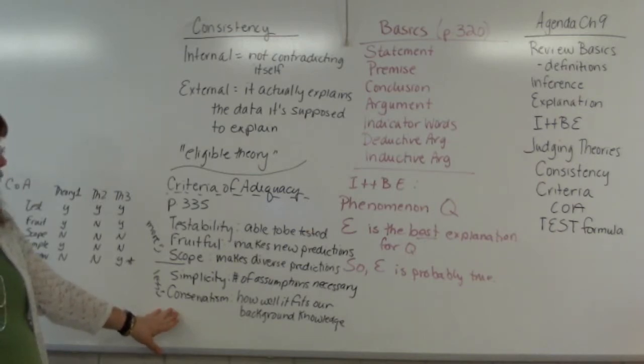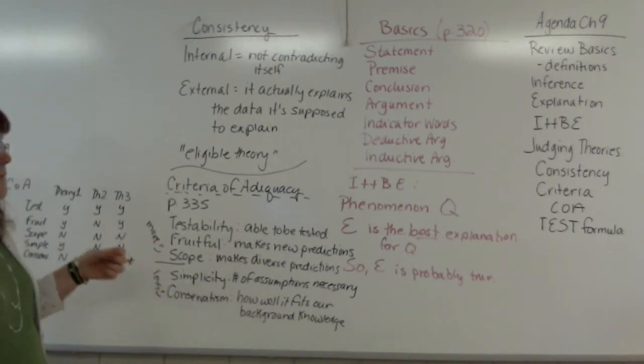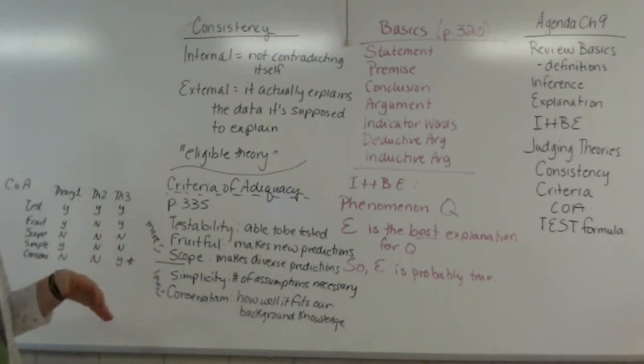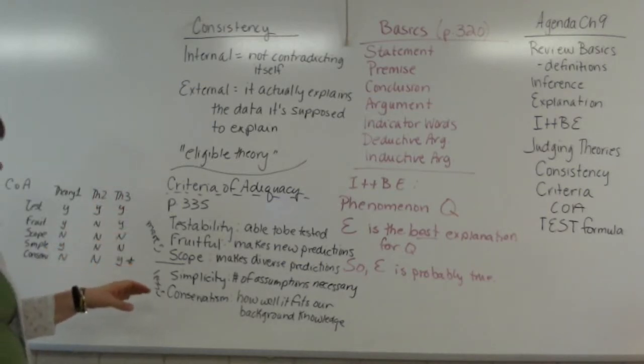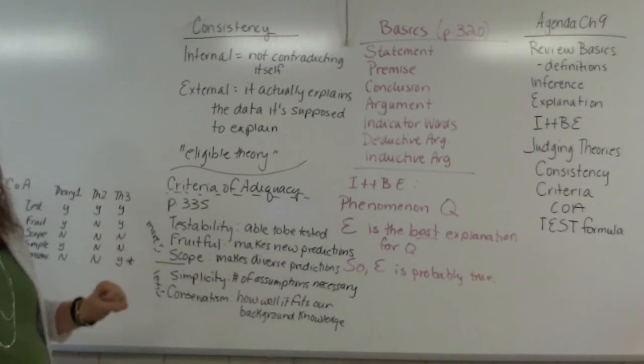Sometimes fruitfulness is going to be the top criteria we need to consider. Sometimes testability, sometimes scope. You get the idea. It doesn't mean that what we're doing is subjective or arbitrary. What it means is we have to be flexible in how we're putting these particular criteria to bear on our theories based on what's at stake.